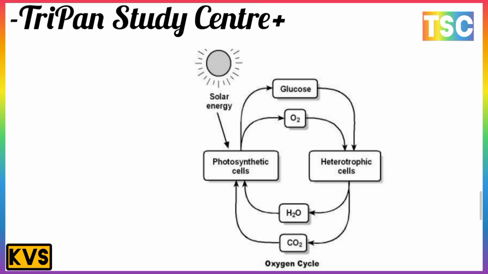The plants and trees use solar energy in the photosynthesis process to produce oxygen and glucose. This goes to the heterotrophic cells, and the heterotrophic cells use it and produce carbon dioxide and water, and this goes back to the plant's photosynthesis cell, repeating the process. This is a very easy oxygen cycle. Note it down in your notebook. It is a most important and simple diagram for you.